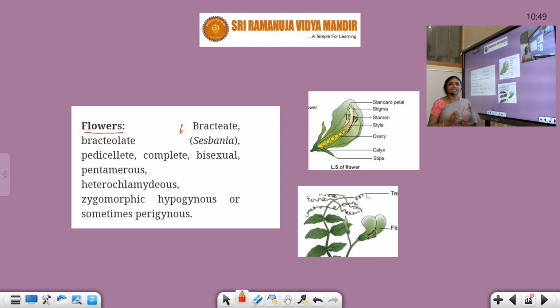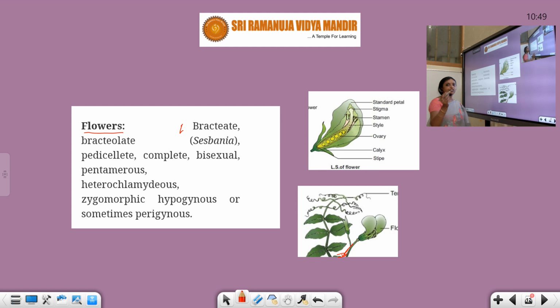So if we find such bract-like structures at the pedicel, that is bracteate. Here it is not present in some plants. So small leaf-like structures are called bracts. So bracts are found here, so it is bracteate. If bracts are present, bracteate flowers.